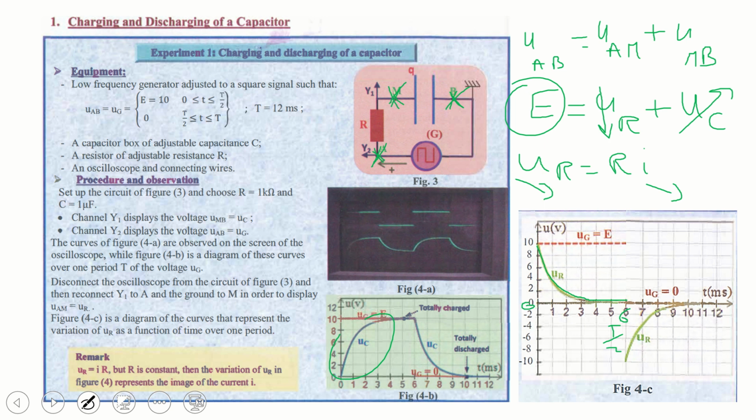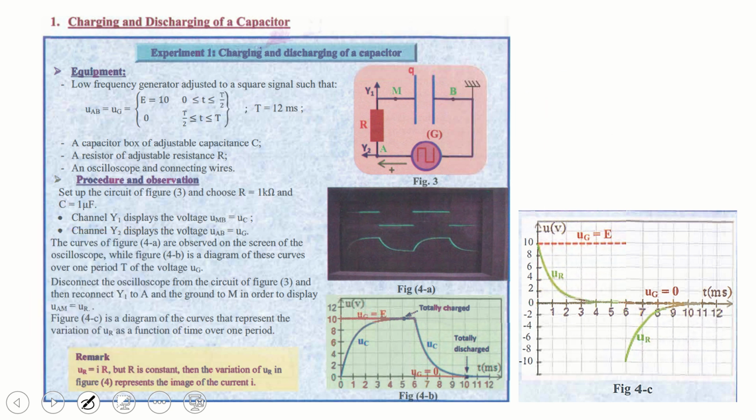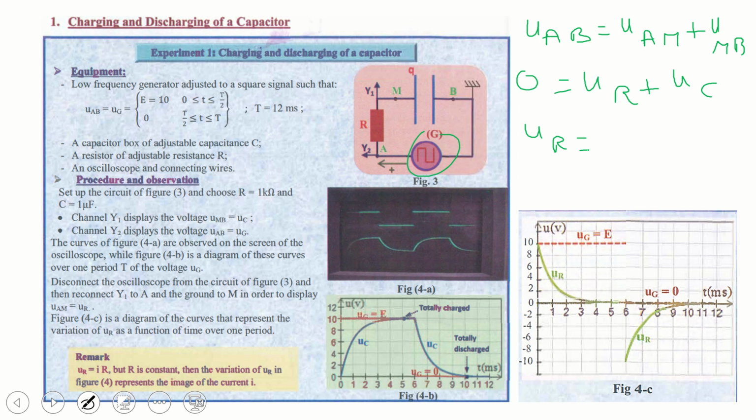What happens during the second half period? During the second half period, we'll apply the same law of addition of voltage. UAB equals UAM plus UMB. But now the generator is delivering 0 volt, equals UR plus UC. So UR equals minus UC.